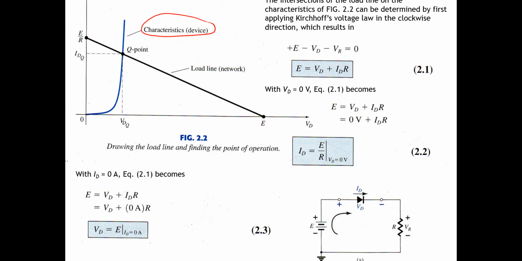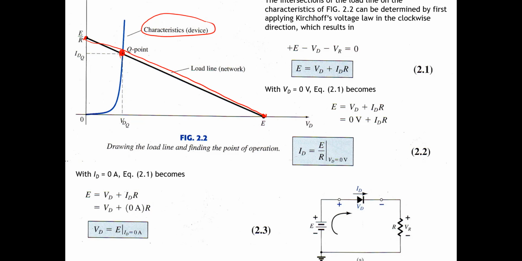The cross section with the x-axis is E, the input supply, and the cross section with the y-axis is the voltage supply divided by the resistor, E divided by R. So we have two cross sections, to the y-axis and the x-axis, and then we draw a line from here to here, and the cross section with the device characteristic is the key point.